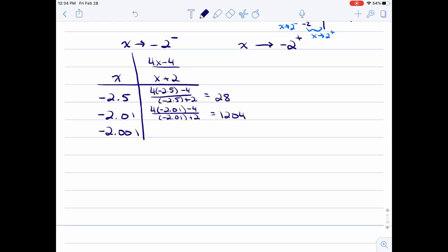Already, I'm starting to suspect that as x approaches negative 2 from the left, I'm approaching positive infinity, right? It seems to be increasing without bound. I'm going to do the last one just to make sure.